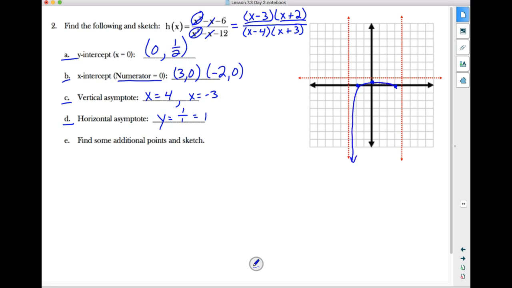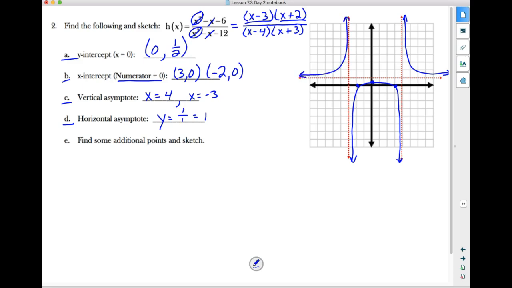This other one's also going to come down and follow my asymptote. Now, I also know that my branches on the outsides of both of these vertical asymptotes, to the right side of my x equals 4, it has to be up here because I am not going to cross that x-axis again. And it has to be up here for this side, again, because I'm not going to cross the x-axis.